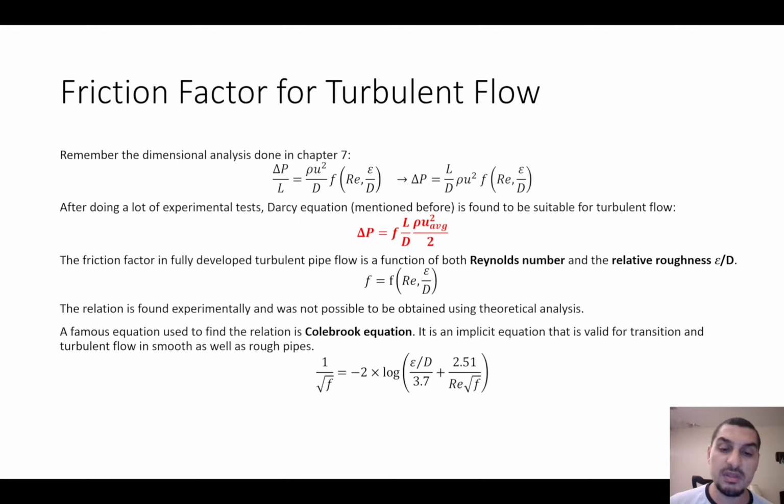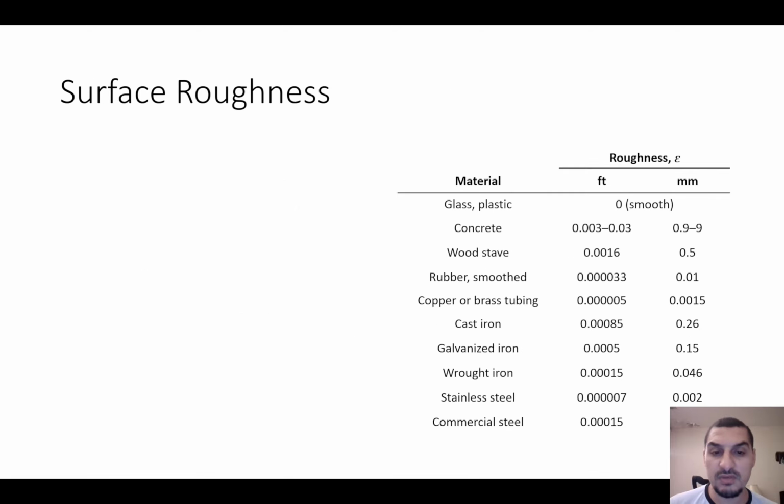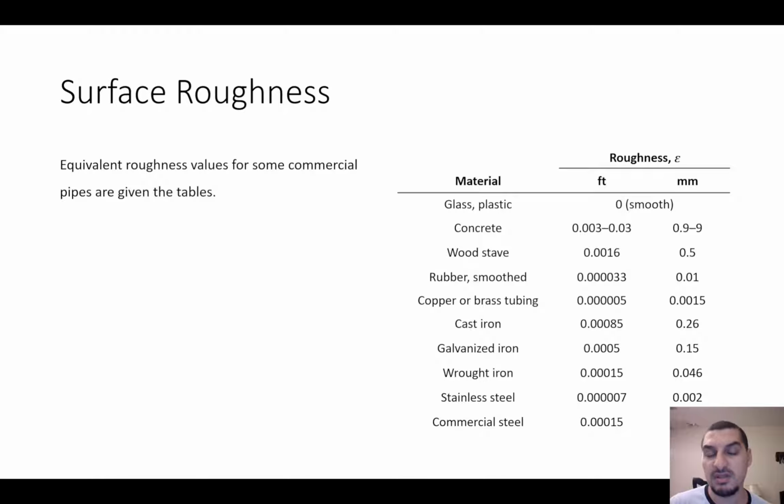And the value of the surface roughness is already available in tables. So it's nothing that we calculate by ourselves. It's just tabulated data, and this is a function of the material itself. So that's why we have it in this table.